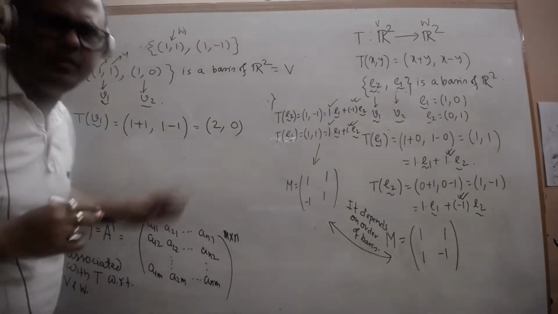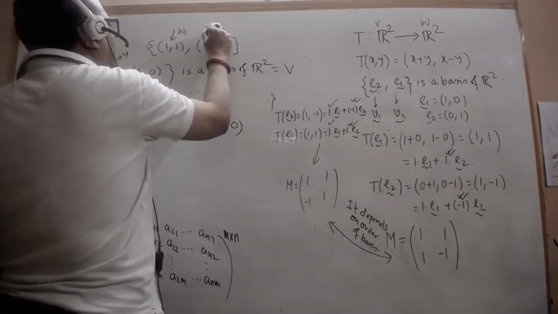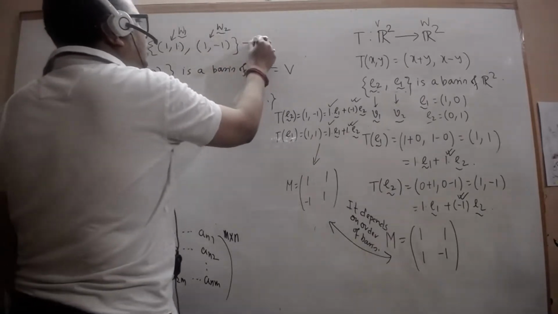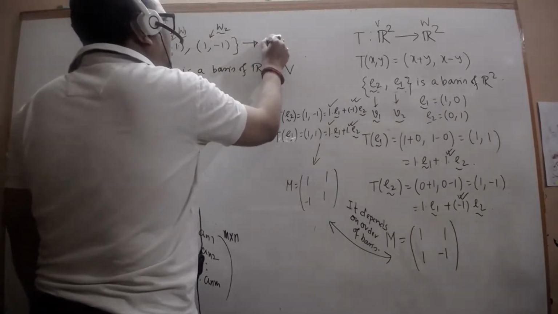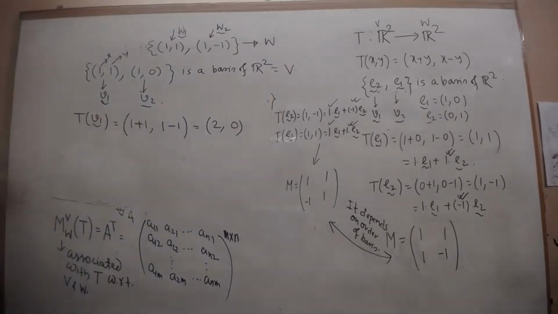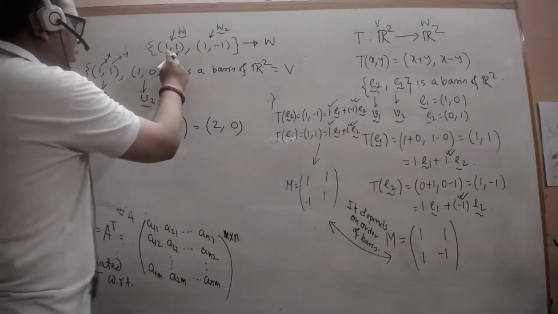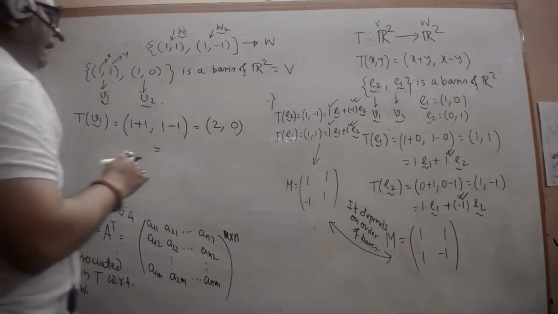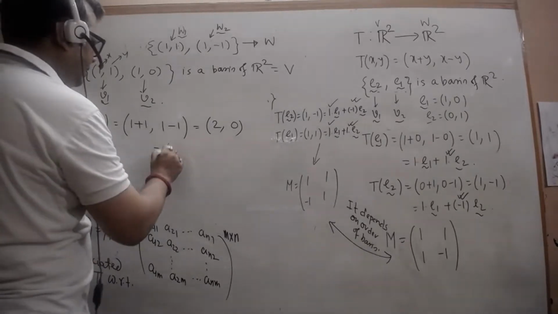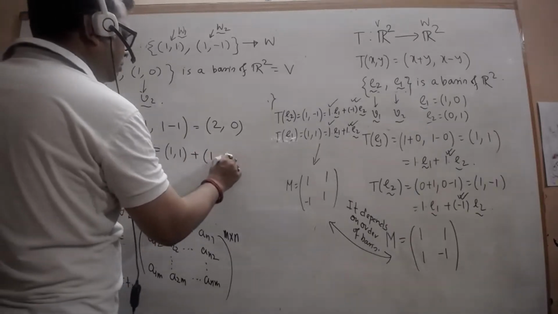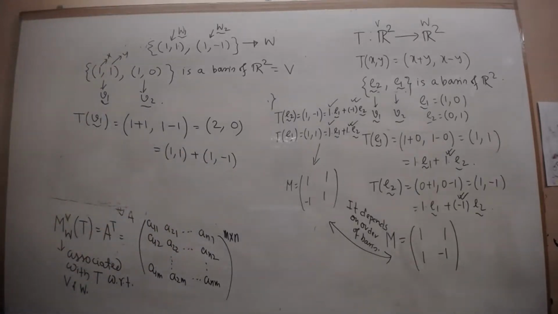Can you see this thing? W1, and this is w2. This gives a basis of W. So now this is nothing but (1, 1) plus (1, -1).